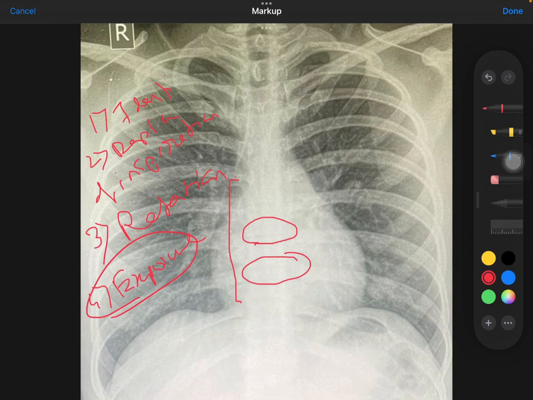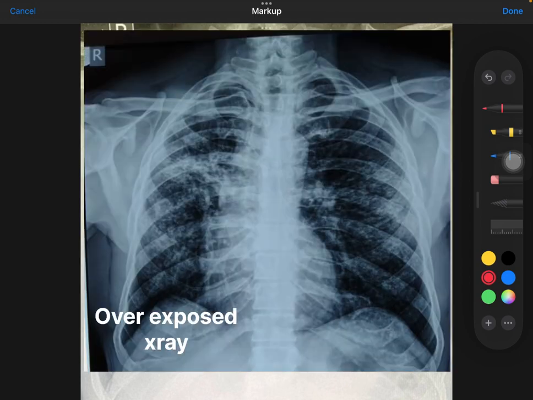Now you will see sometimes in certain X-rays these intervertebral discs are very easily visible, and the lung parenchyma here looks more black. Okay, that is an overexposed X-ray. What is the problem with an overexposed X-ray?